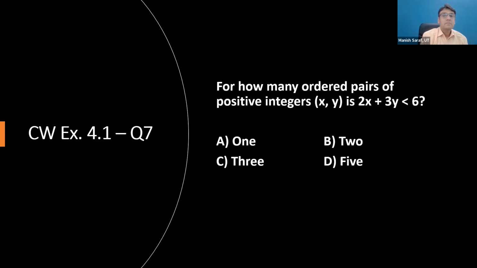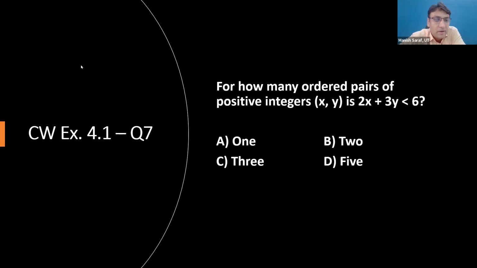30 seconds. Can you do this verbally? How many ordered pairs of positive integers x, y satisfy 2x plus 3y less than 6? Okay, परी, ये तुमने पहले कर लिए थे परी सब?